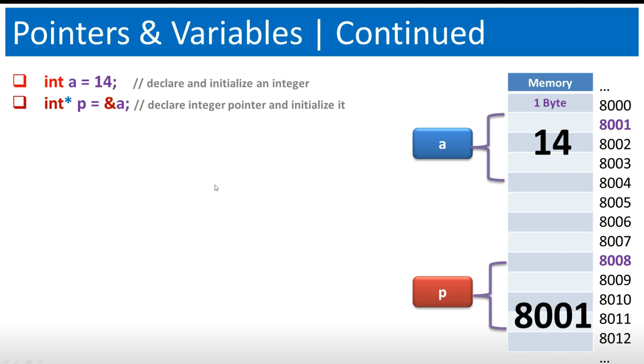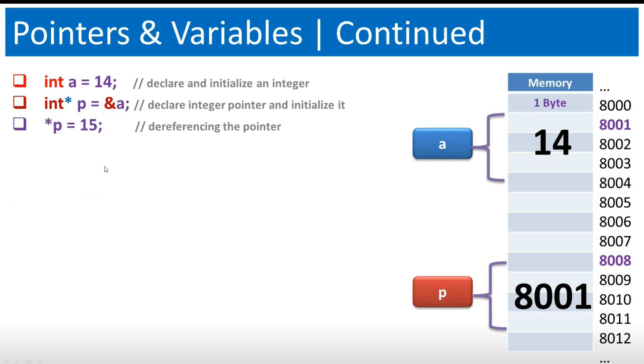So let's move on. Once we say integer pointer P equals address of A, it gets the address of A in here. And when we say contents of P equals 15, so this is new. This is called dereferencing the pointer. So P is a reference to A. Contents of P is a dereference, meaning that the content of P is A. When you say contents of P, the content of the memory address at P is going to be equal to 15.